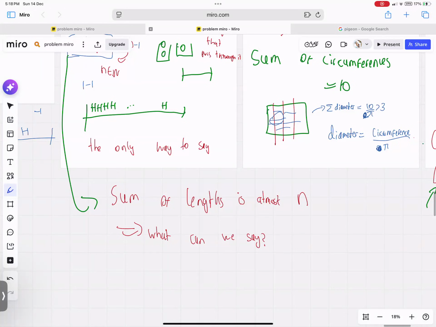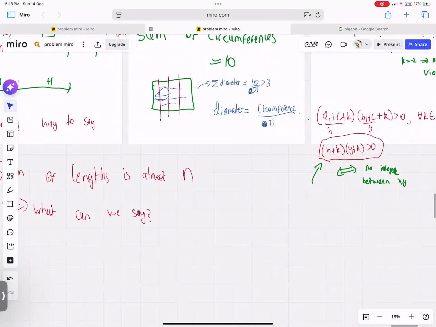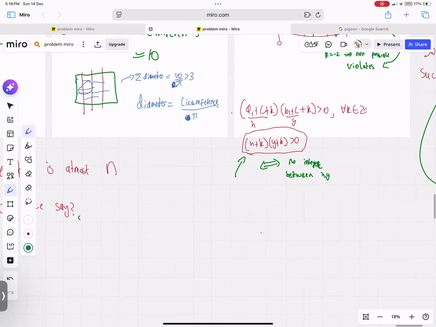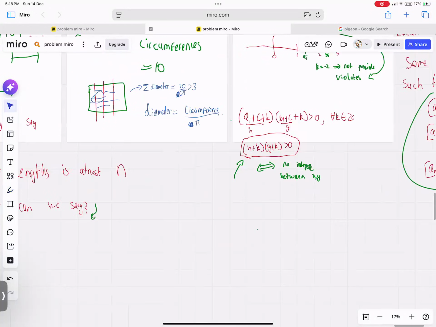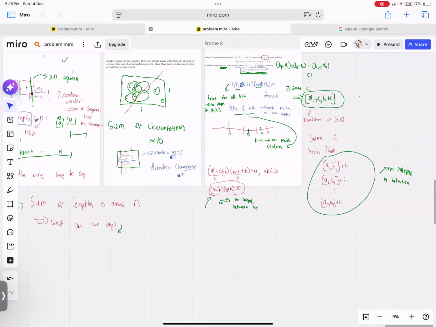What do you mean that some line has to coincide? Yes, there's a point in at most n-1 segments actually. Let me just show the question once more.